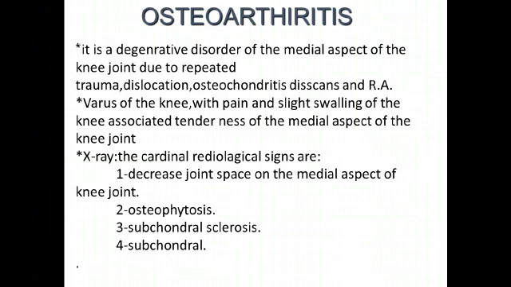X-ray: the cardinal radiological signs are decreased joint space on the medial aspect of the knee joint, mainly this. Maybe if it happens on the lateral side, there is decreased joint space on the lateral side. Osteophyte formation, subchondral sclerosis, and subchondral cyst.